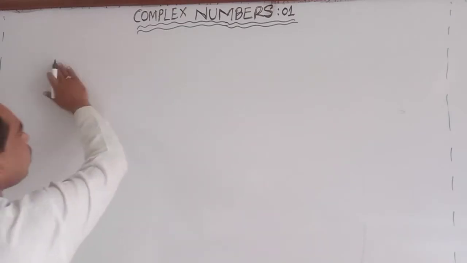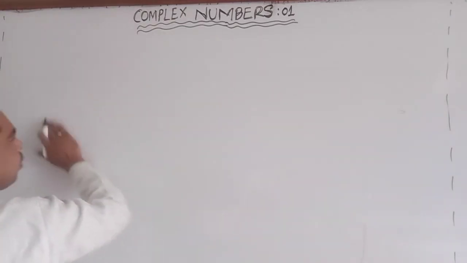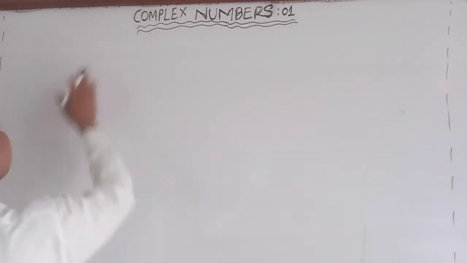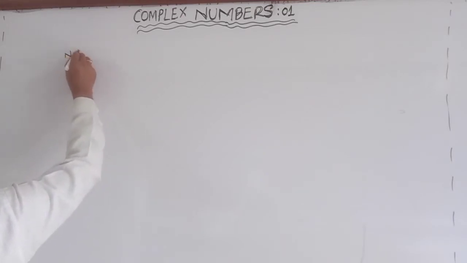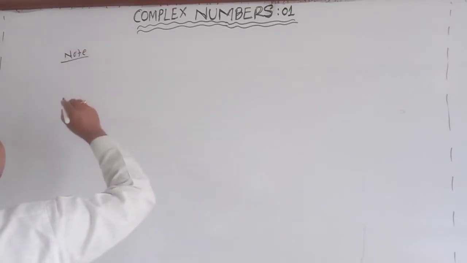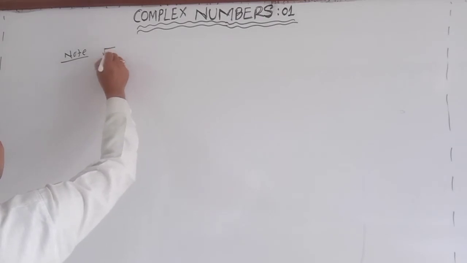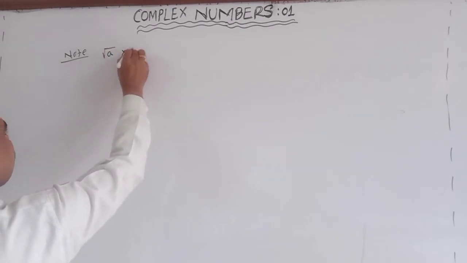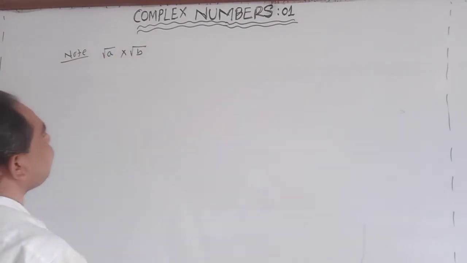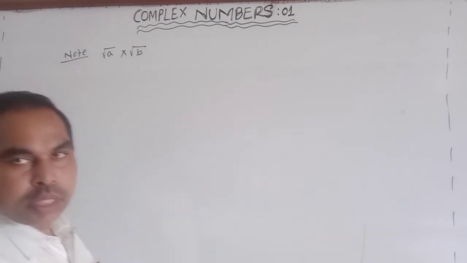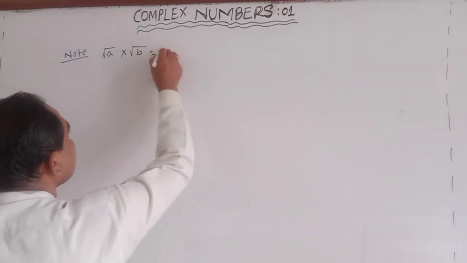Note: square root of a into square root of b is equal to square root of ab.